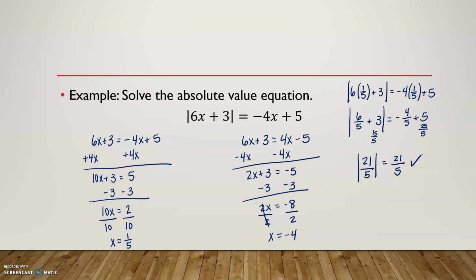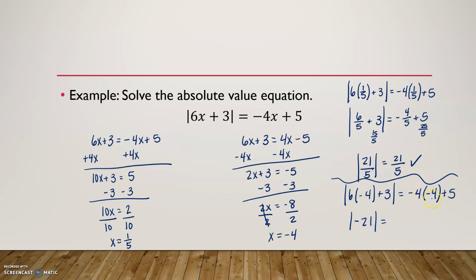And then let me check with the -4. When I go to plug that in, I get 6 times -4 plus 3 equals -4 times -4 plus 5. So I'd have -24 plus 3 is -21.